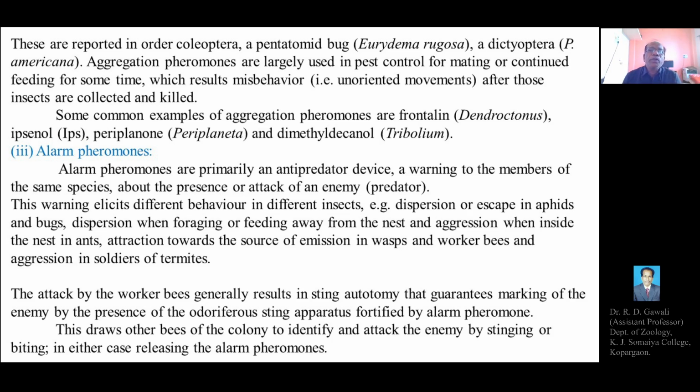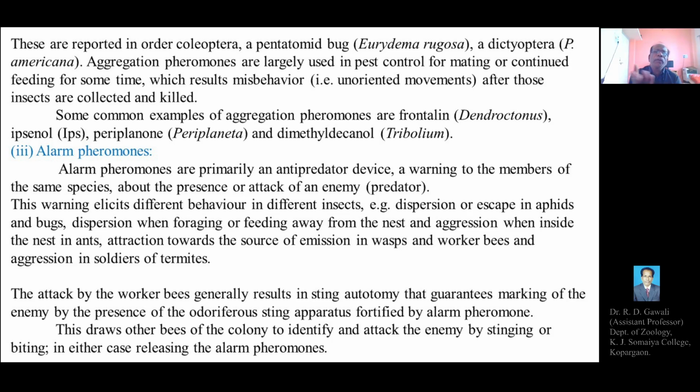Some common examples of the aggregation pheromones are frontalin, secreted by Dendroctonus, then ipsinol by Ips, then periplanone, the secretion of Periplaneta, and dimethyl decanol, secretion of Tribolium, the red flour beetle, belonging to order Coleoptera.